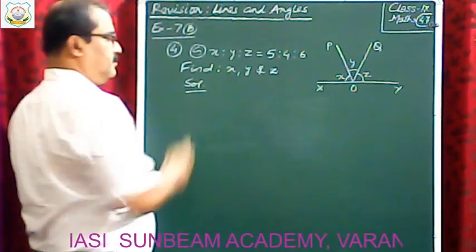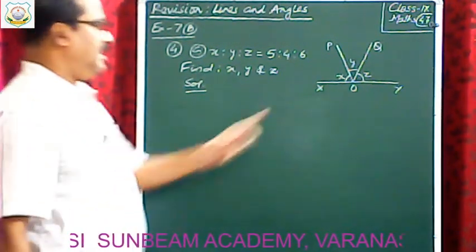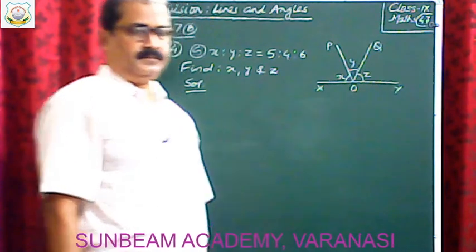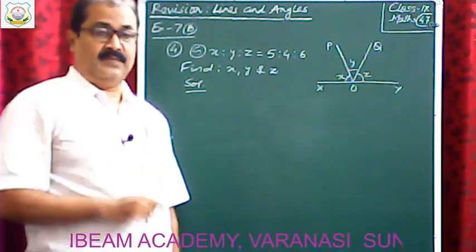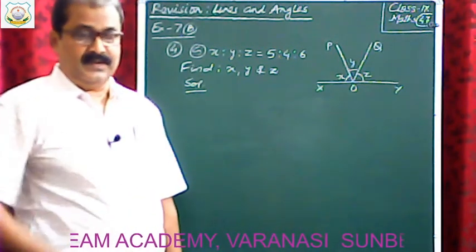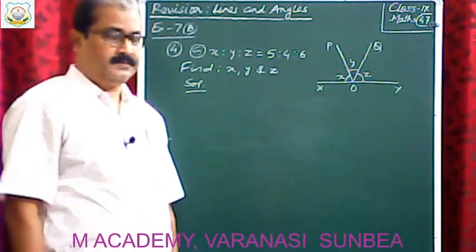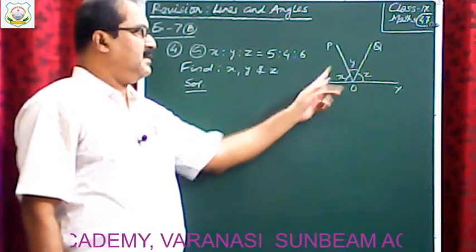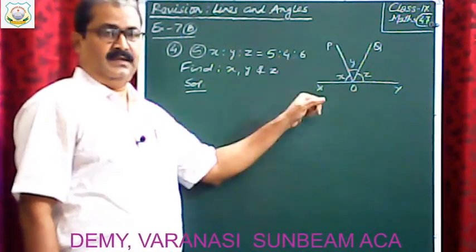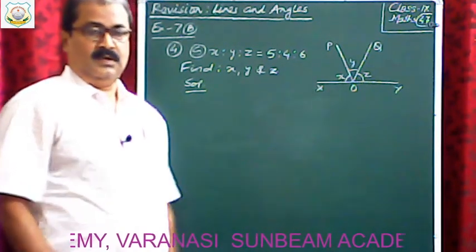Solution. It is given that XOY is a straight line. Then the sum of all the angles on the same side of a line from a given point is 180 degrees. We have already done this, okay.